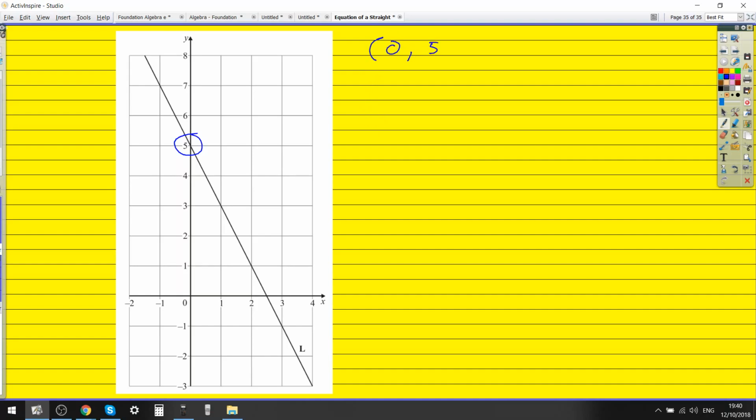And the difference between 0 and 1 is 1. And then the difference between 5 and 3. Would that be minus 2, or would that still be 2? Minus 2. Okay, so minus 2 over 1.